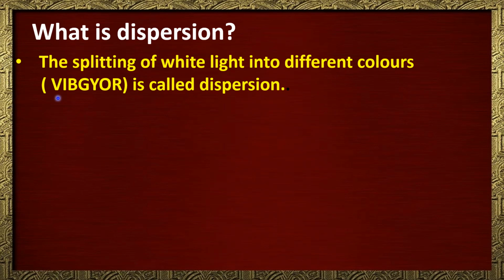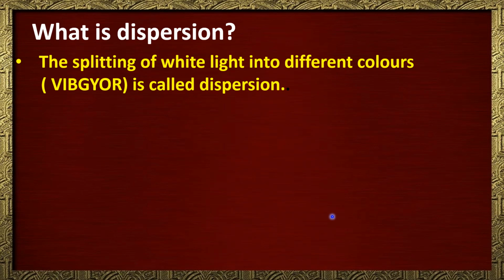So for that reason, dispersion takes place. The angle of deviation is different. When a white light passes through a prism, all the different colors have different angles of deviation. That's why they refract with different angles. Hence, the colors get separated.